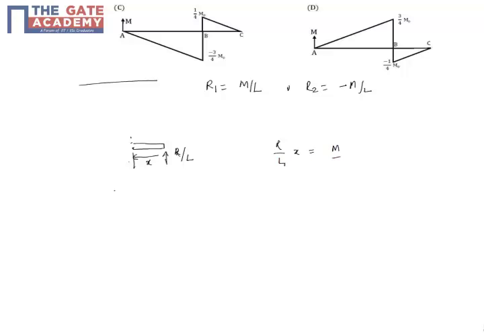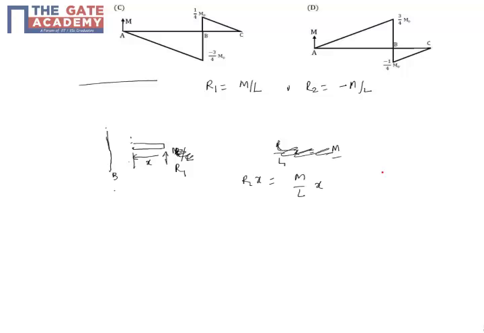M by L. Sorry, this is actually R1, so that is M by L only. The bending moment at this section between B and C is R1 into X, which is nothing but M by L into X. So as X varies from 0 to point B, which is L by 4, the bending moment varies linearly.